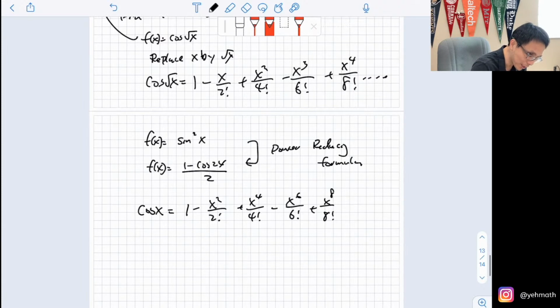What happens if I have cosine of 2x? So instead of the x, can I replace with 2x? So can you try it?